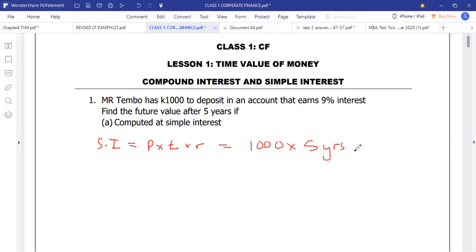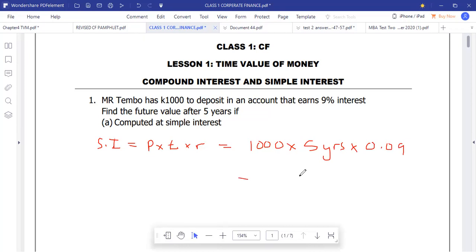And our simple interest rate? 9%, which is 0.09. So what do we get? 1,000 times 5 times 0.09 to get how much? 450. That is our simple interest.